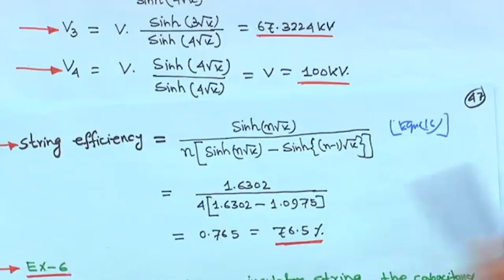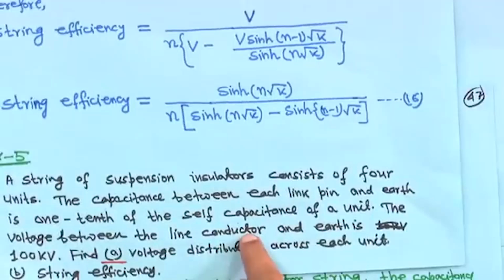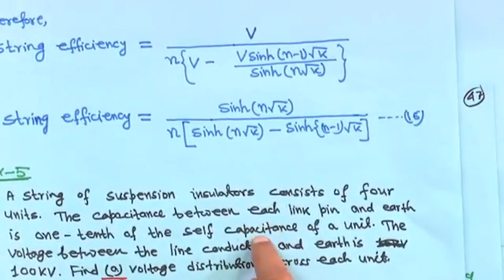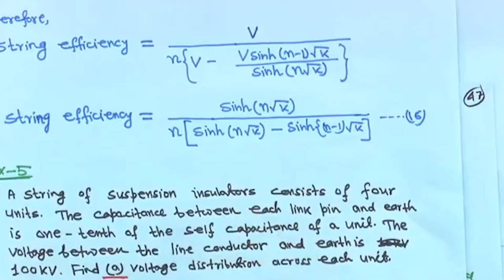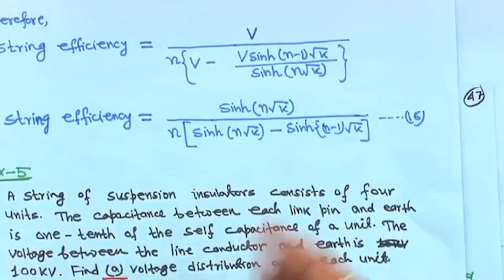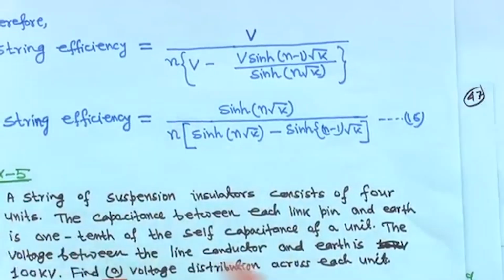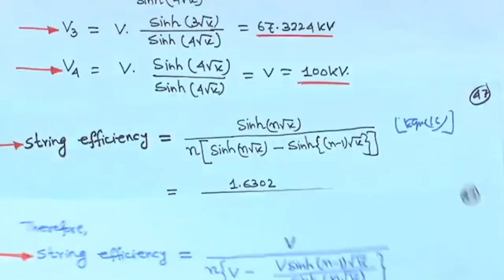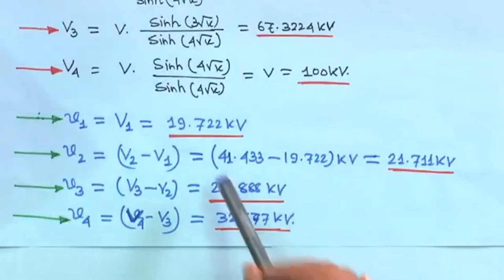So, this is using the generalized formula for a long transmission line. I have one exercise for you: for that same example, find out your string efficiency and the voltage across each disc using your general method, and compare the results.